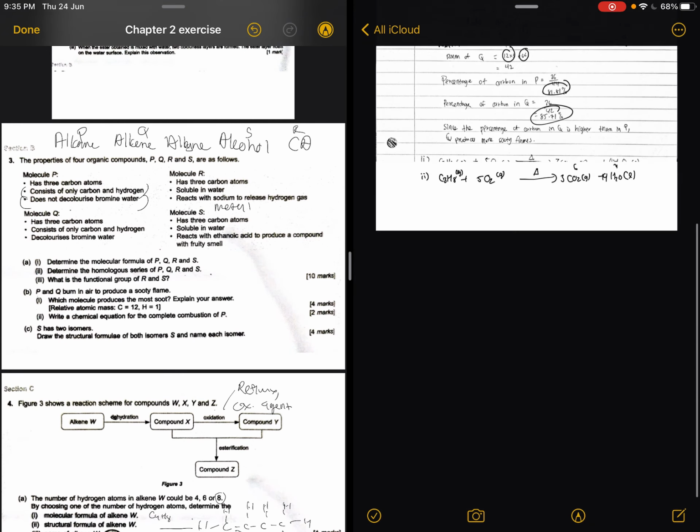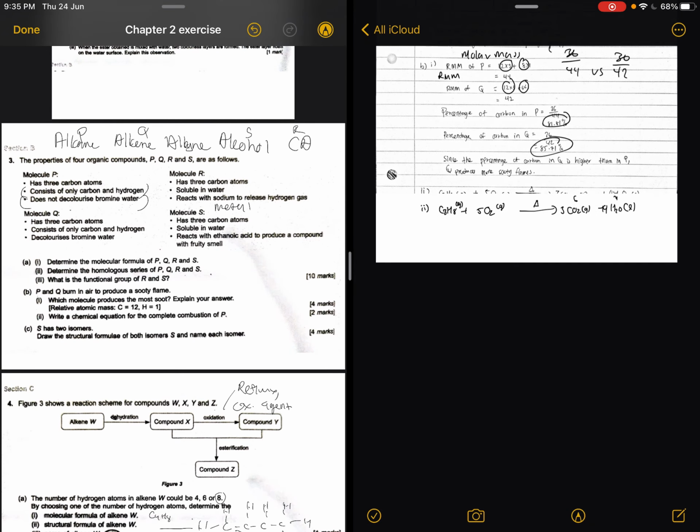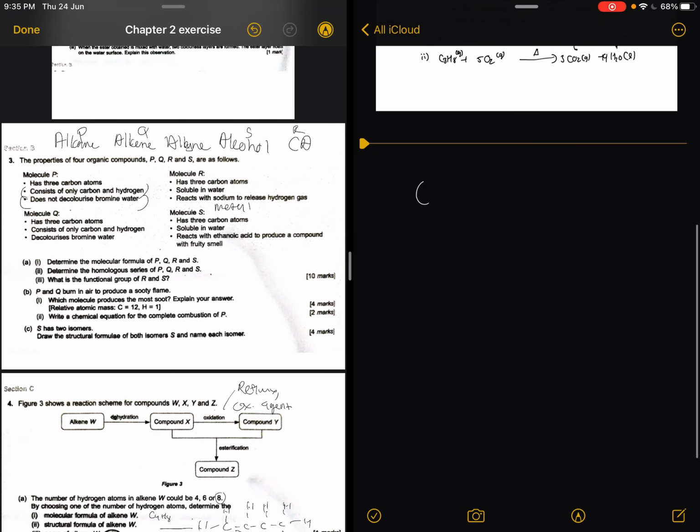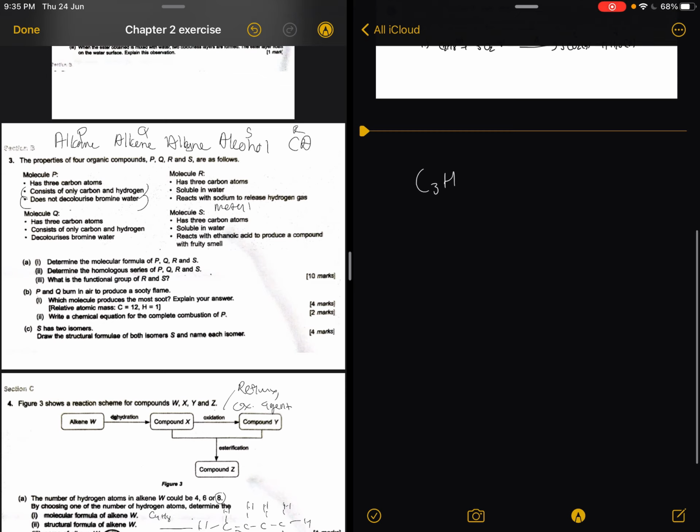And then lastly, it's isomers. S has 2 isomers. Determine the structural formula of both isomers S and name each isomer. So S is propanol, C3H7OH.